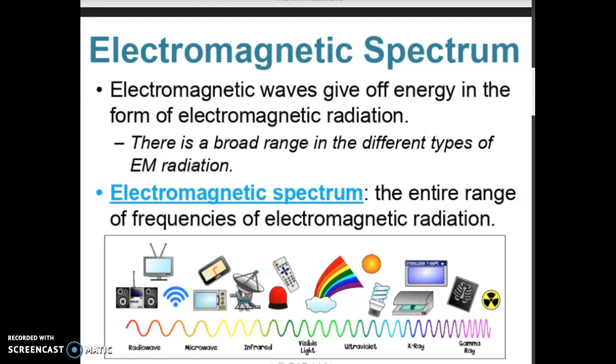There's a bunch of different types of waves that are considered electromagnetic. When we put them together and organize them, it's considered to be the electromagnetic spectrum. Now, we can shorten this to EMS or just EM radiation. So you may hear it termed as EMS or EM radiation.